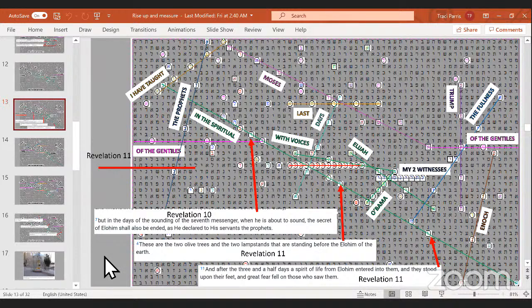But in the days of the sounding of the seventh messenger, he is about to sound, the secret of Elohim shall also be ended, and he declared to his servants and prophets. These are the two olive trees and the two lampstands that are standing before Elohim of the earth. And after 3.5 days, the spirit of Elohim entered into them, and they stood upon their feet, and great fear fell upon those who saw them.